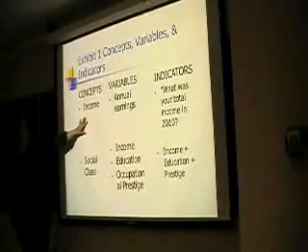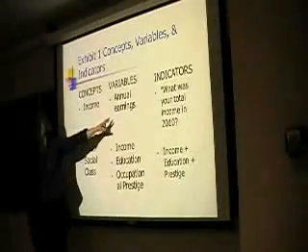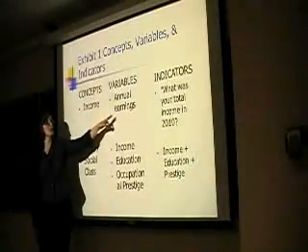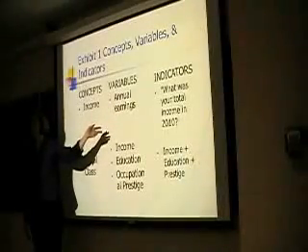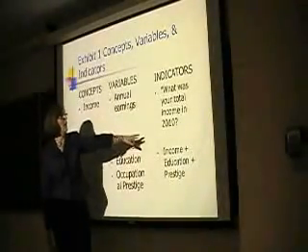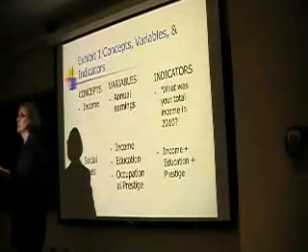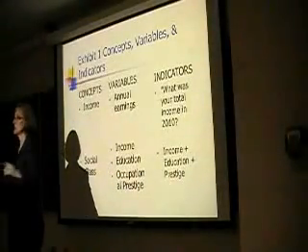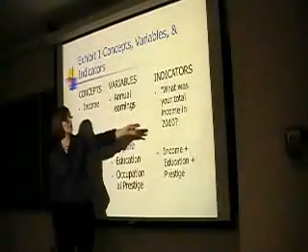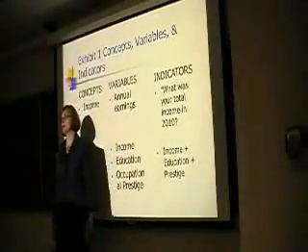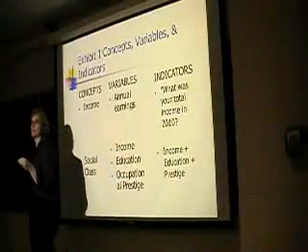Concept is income. The variable that we would actually measure could be annual earnings. And then an indicator, so the question we'd actually ask people on a survey or the census or whatever: what was your total income in 2010? So it's getting very specific.